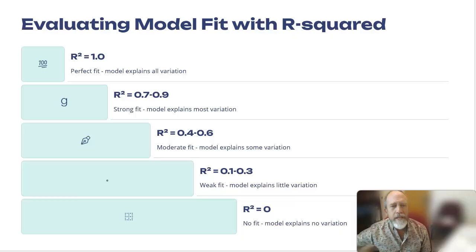R squared equals 1 is a perfect fit. Okay. And you're typically going to see R squared values that range in that second caret, which is strong, 0.7, 0.9. And if you get down to R squared is 0, it's going to show, hey, it's not that great. Well, in that case, there's no fit whatsoever. It's 0. But sometimes you have weak fits and you're trying to look at it in a different way.